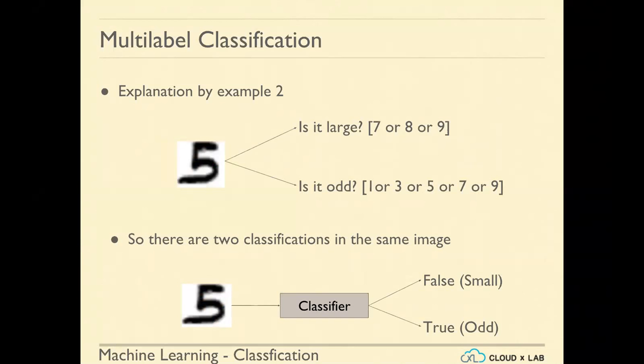Large as in 7 or 8 or 9, odd as in 1 or 3 or 5 or 7 or 9. So each digit could be large or small, and each digit could be odd or even.